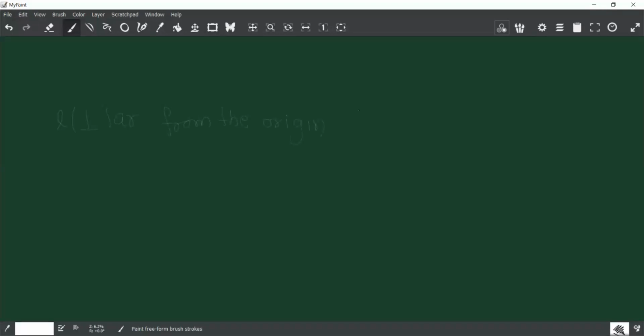Length of the perpendicular from the origin on line L is 3 units.